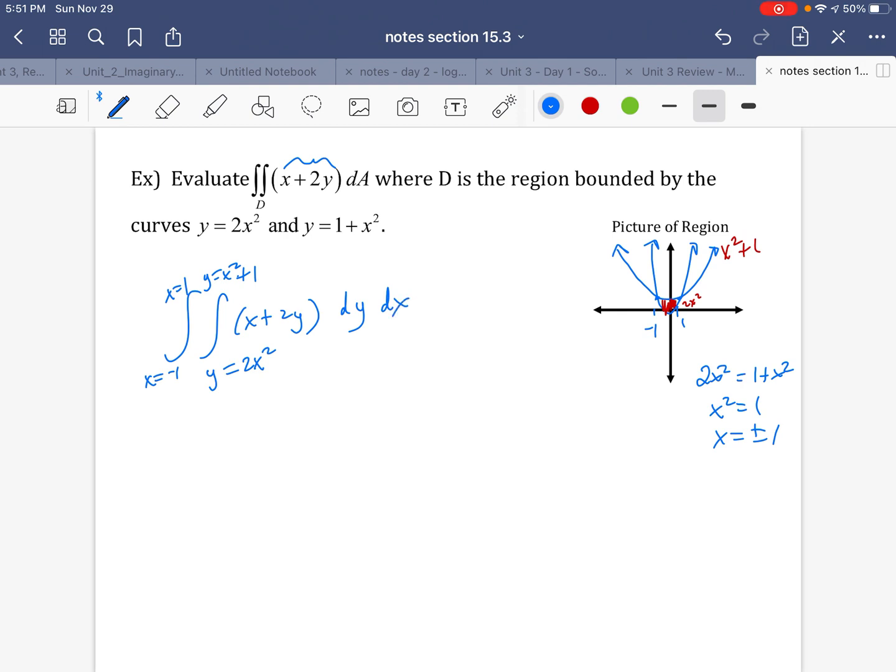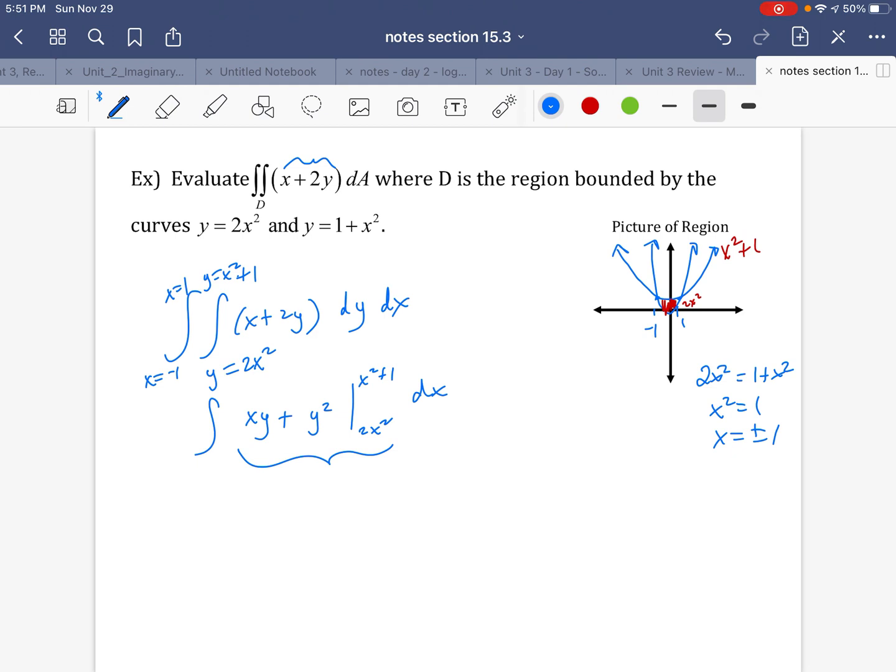So let's see, integral with respect to y, I have x, and with respect to y, that means that this would gain a y. Integral with respect to y of 2y would be 2y squared over 2, so just y squared. So I have to plug in 2x squared and x squared plus 1 into that. I still have my integral, I still have dx out here, but I need to work this out first.